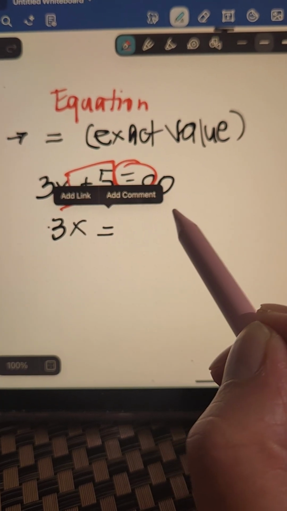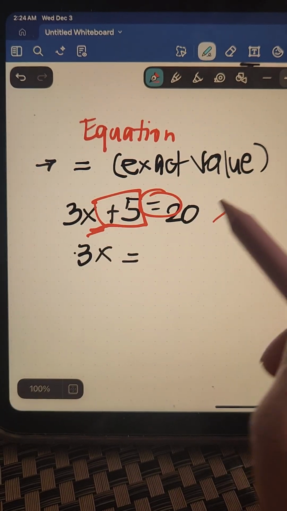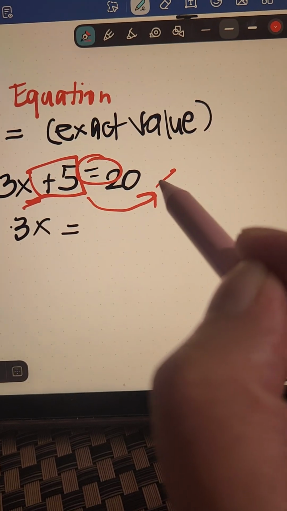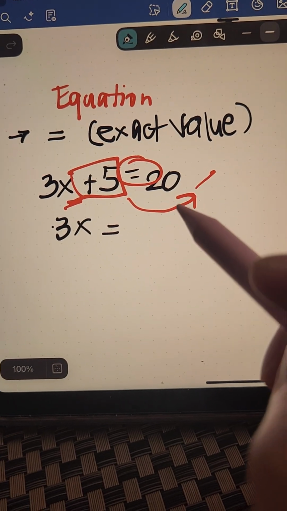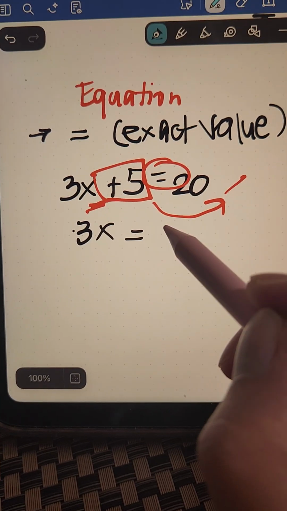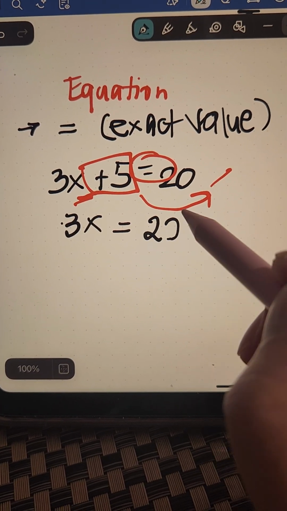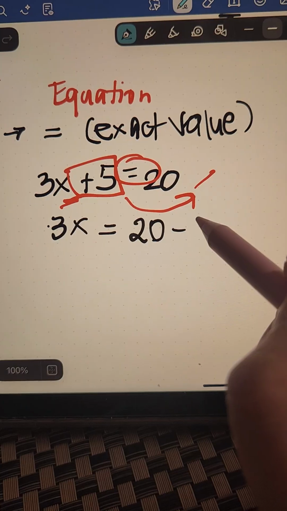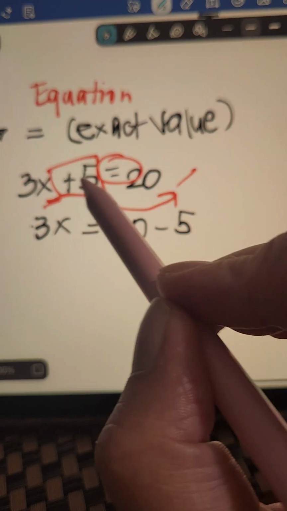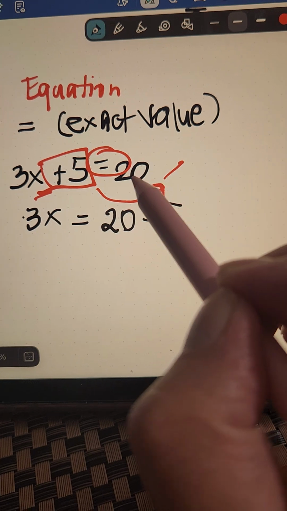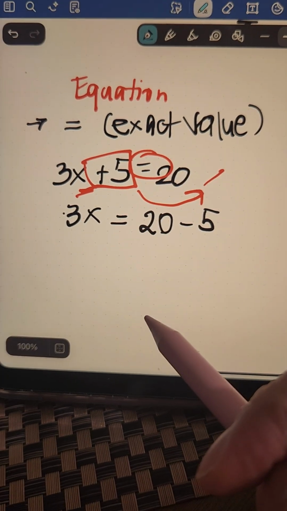So when we move it to the other side of the equal sign, it becomes the opposite. What is the opposite of addition? It will become subtraction. Okay? So 20 minus 5. So that's always your rule. When you move it to the other side of the equal sign, it becomes the opposite operation.